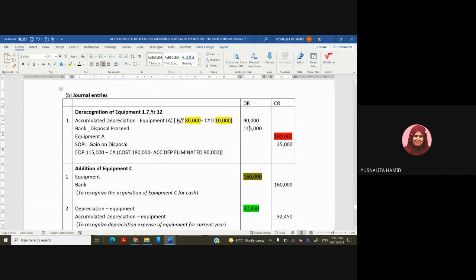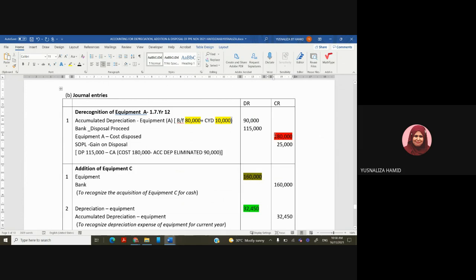And the next thing is to go and remove the asset being disposed. So this one is the cost being disposed. Cost being disposed here refers to cost of the equipment A. Derecognition of equipment is derecognition of equipment A. So you have that equipment that you need to remove, because when you dispose, you need to go and also remove from the record of the company.